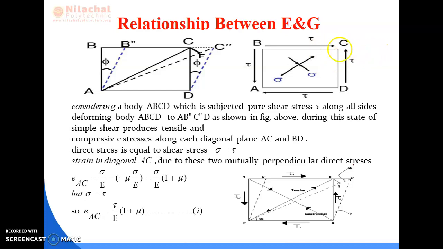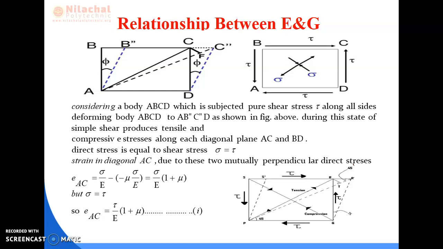Now how is it caused? The shear stresses BC and DC will cause the diagonal to increase at point C. The DA shear stress and BA shear stress also cause the length of AC to increase at point A. That means the diagonal AC will increase its length due to the combined effect of BA and DA, similarly at BC and DC.